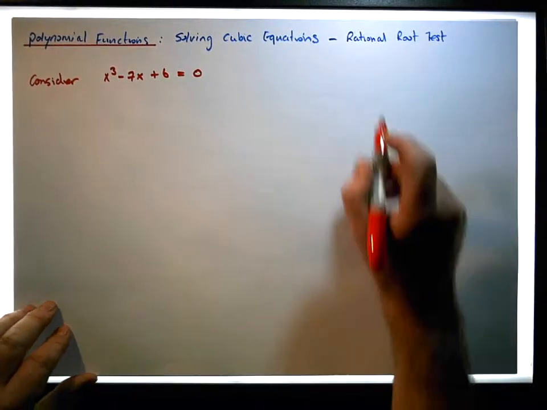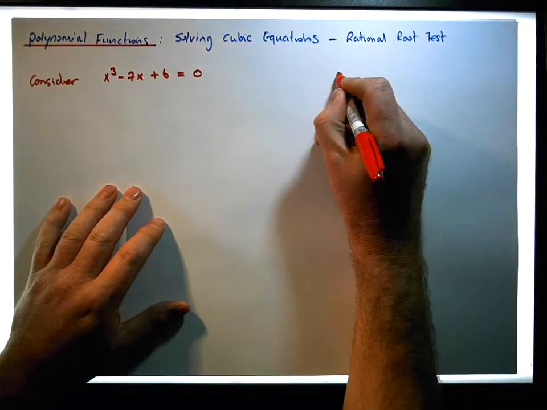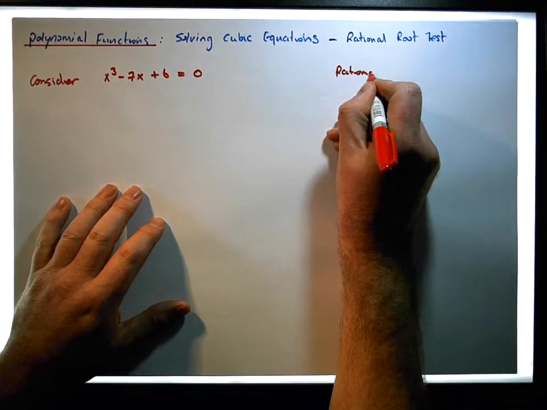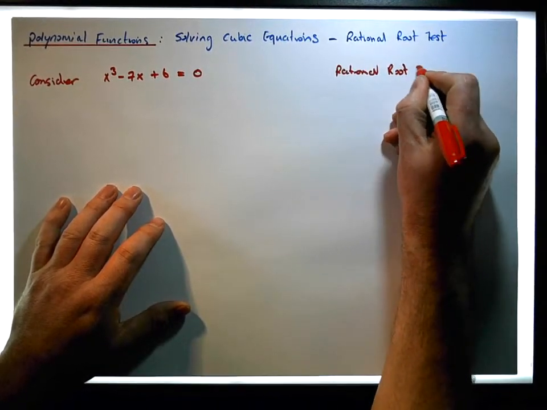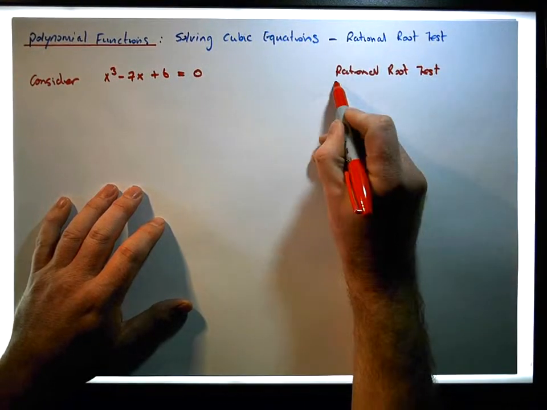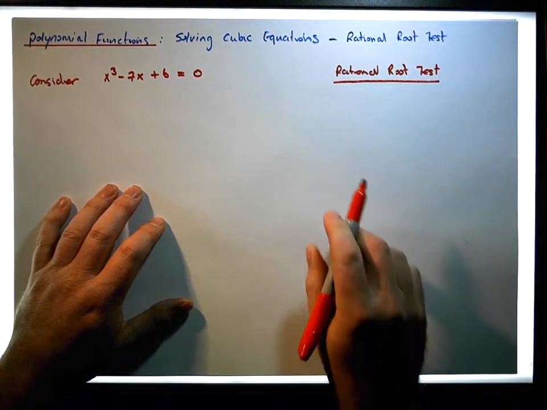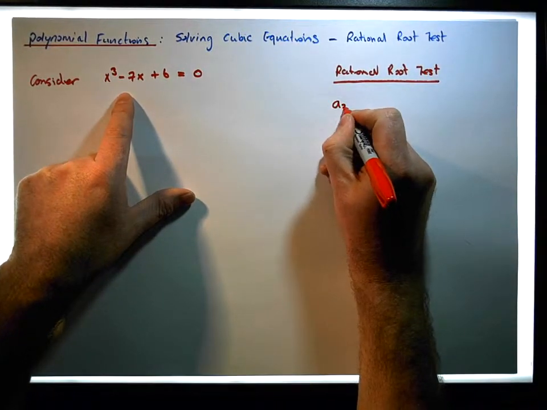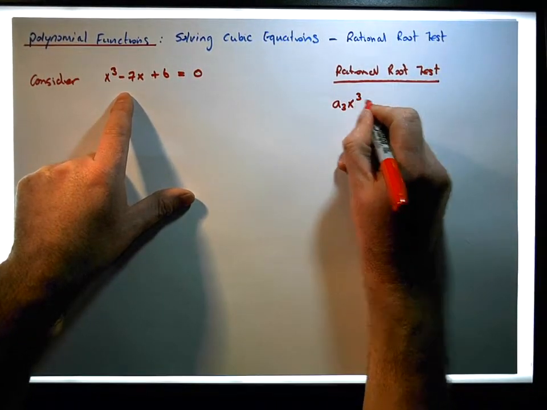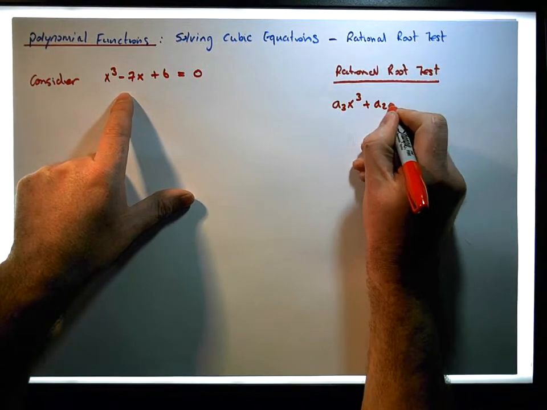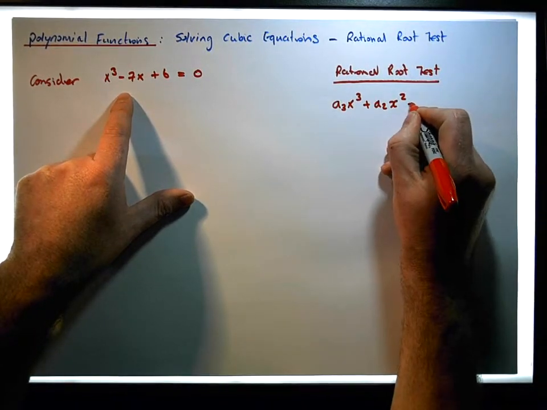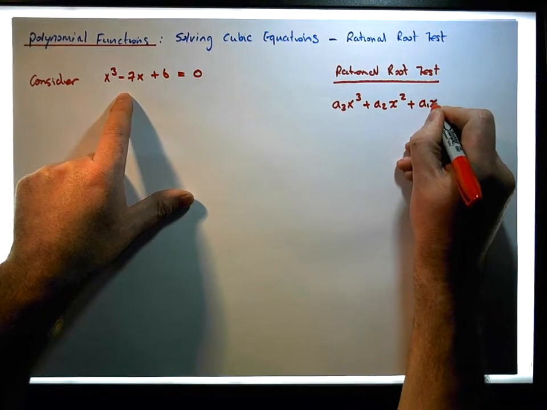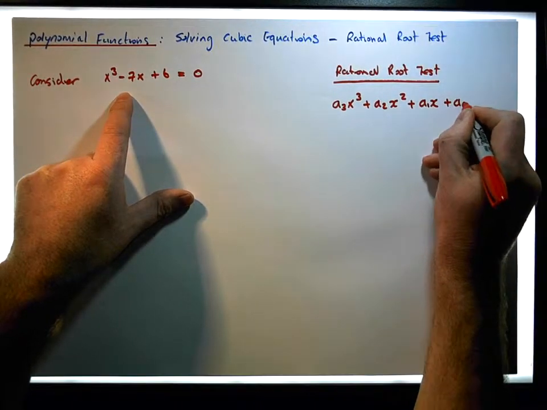But what we can use is what's known as the rational root test. It says that if we have a polynomial, let's say a cubic, of the form a3 times x cubed plus a2 times x squared plus a1 times x plus a0 equals 0.